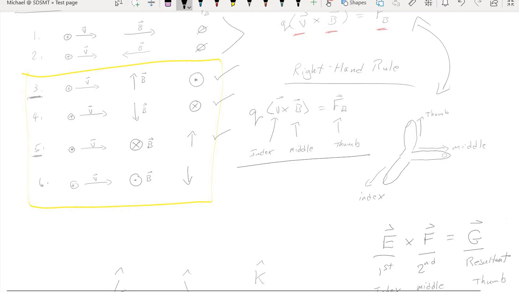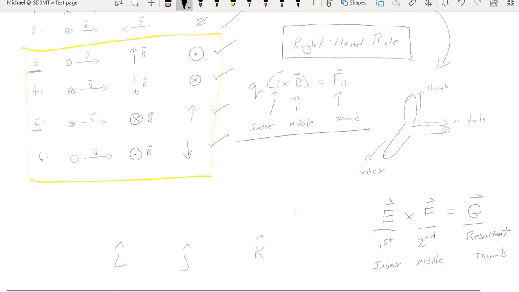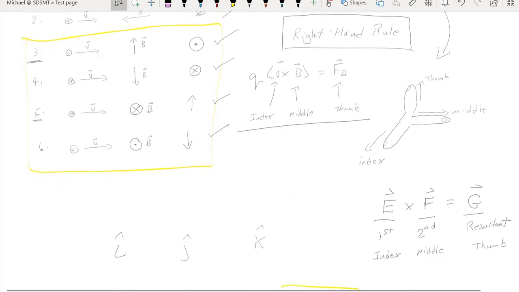You don't want to strain yourself or break anything. But then we need our middle finger to point out of the page, and our resulting force ends up pointing down. So the right hand rule works very well when it comes to evaluating the direction that a resulting force has to point.